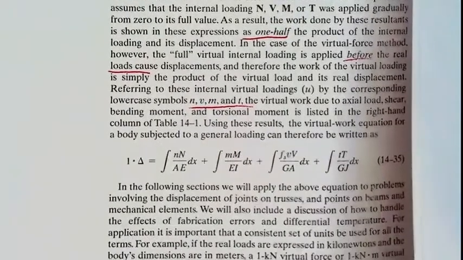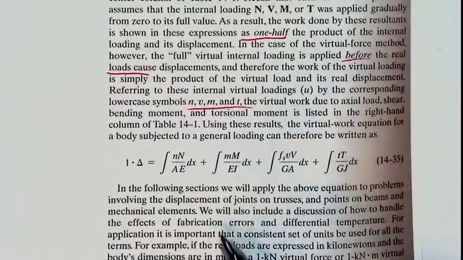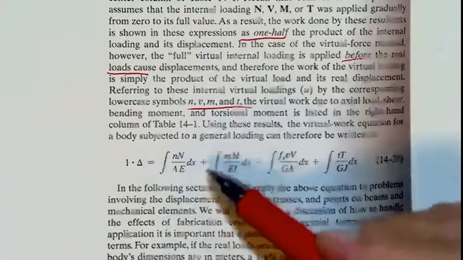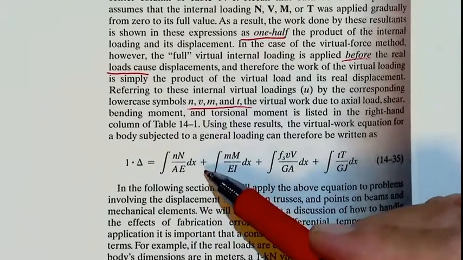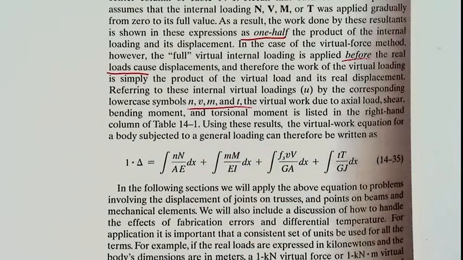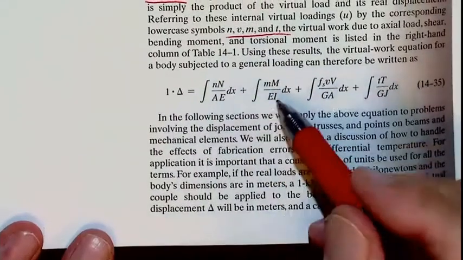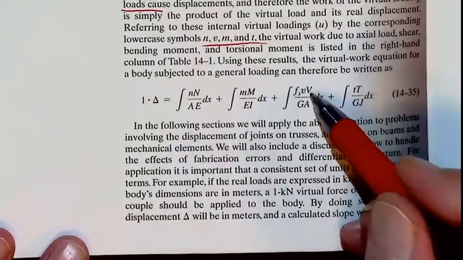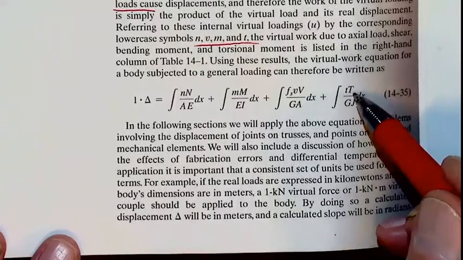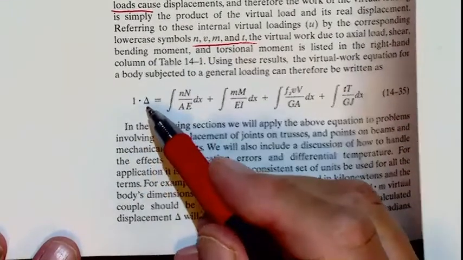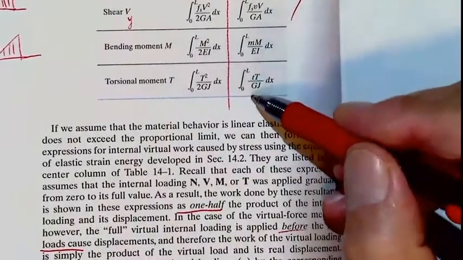So therefore, we have to sum up whatever that is for an arbitrary body. In an arbitrary body, we can have an axial force, we have moment, we have shear force, and we have a torque as a result. So 1 times delta equals the summation of all these terms.